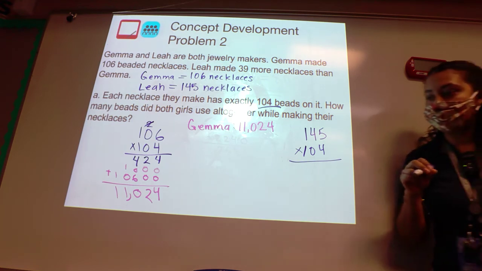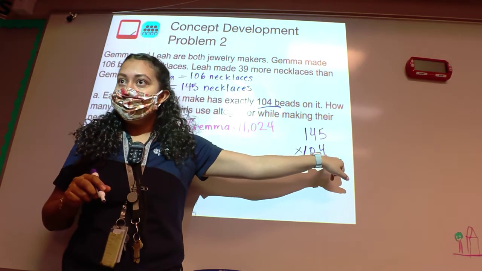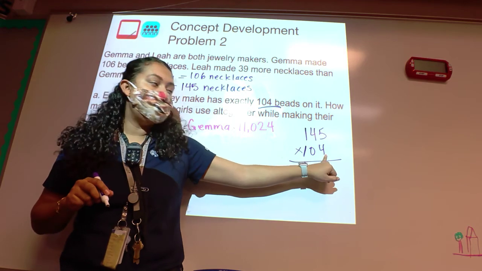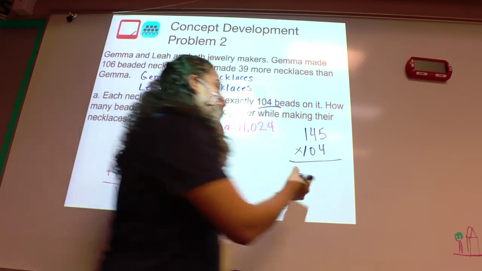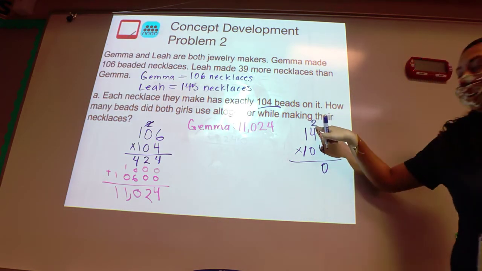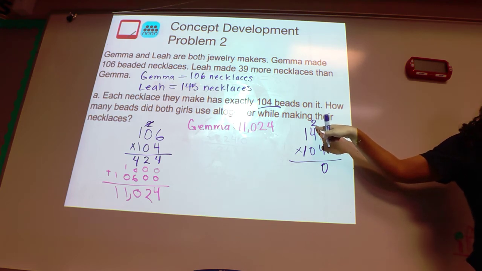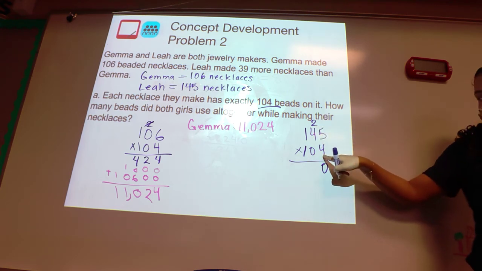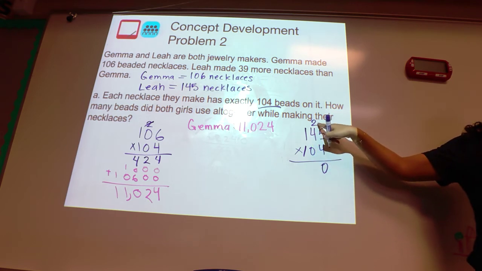Okay, you ready to multiply? Okay, always start down here on the right. So 4 ones. 4 times 5, 20. So 0 here, carry the 2 right there. Write it down, Sophie. Now we have 4 times 4, 16. 16 plus 2, 18.